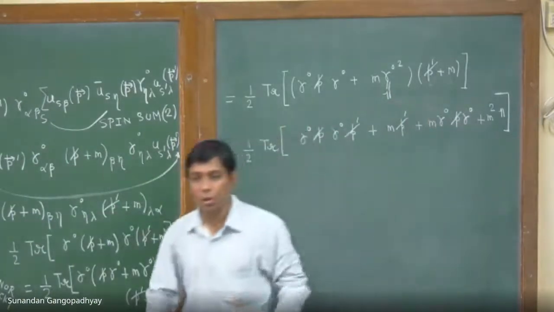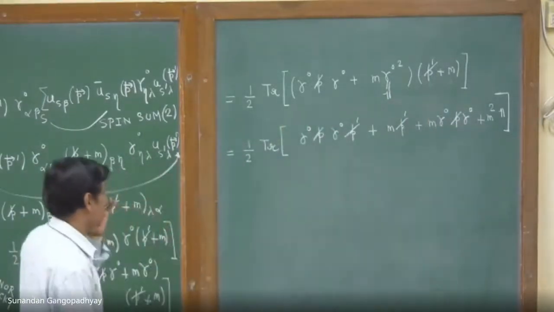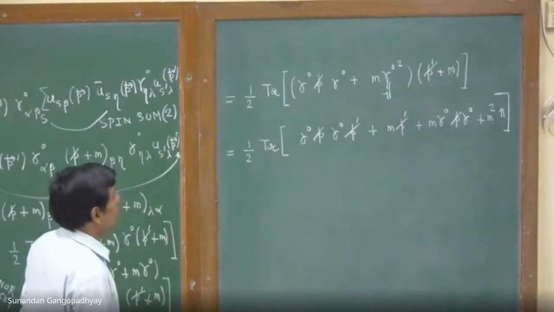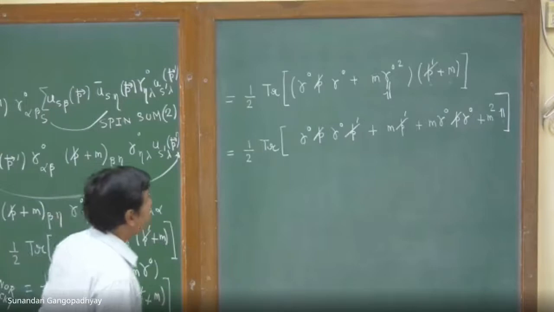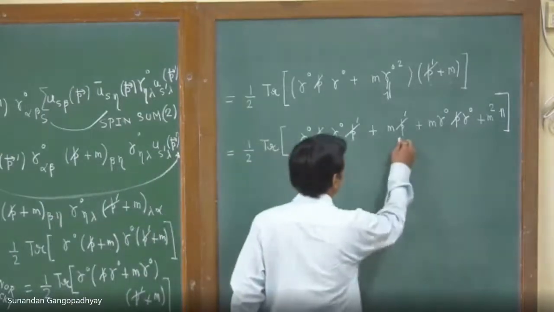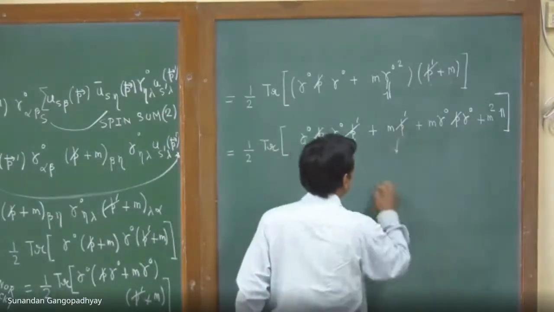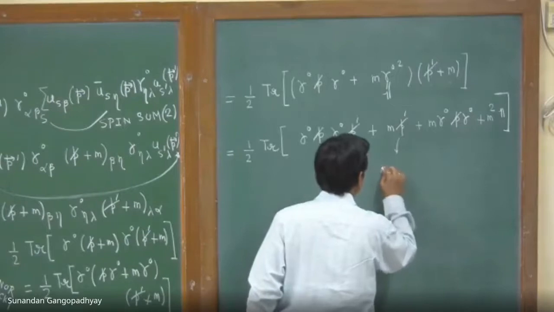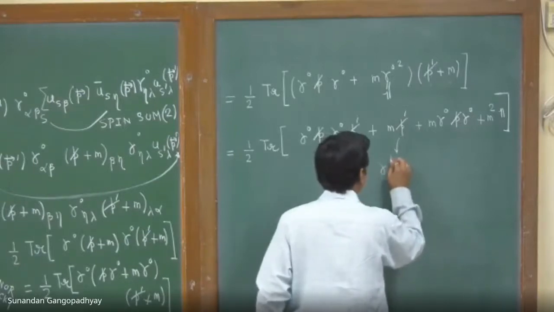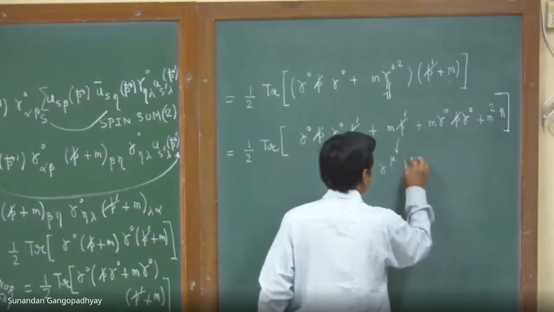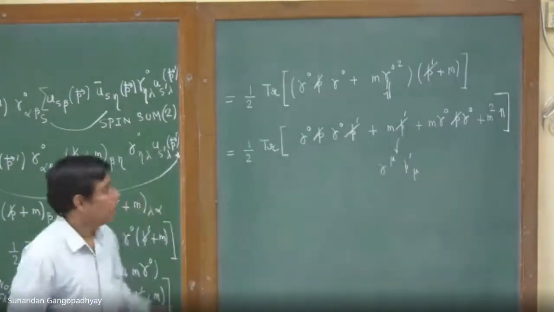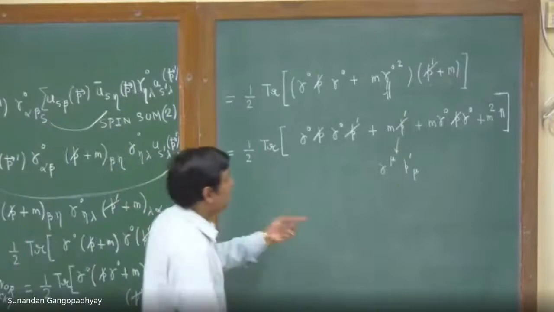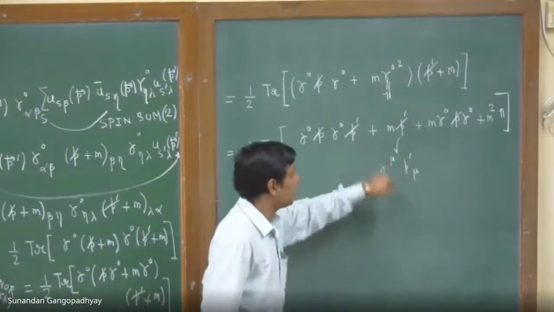So this is no longer a number, it is a trace of a matrix. Now you can see that P prime slash actually means gamma mu P prime mu, so it basically means that this is a number and this is a matrix.